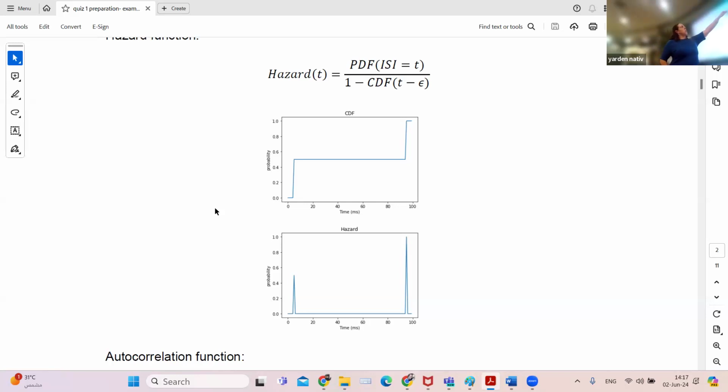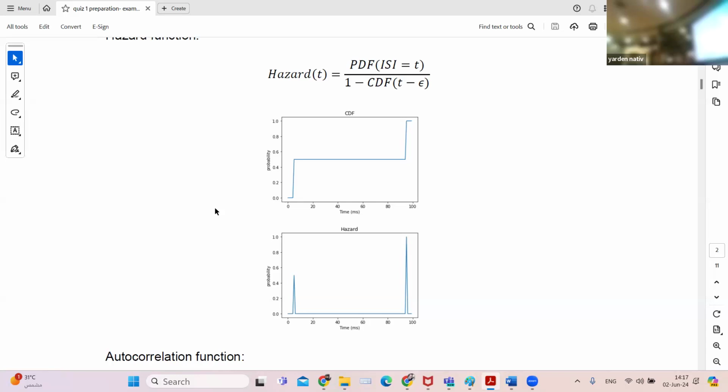Or non. So please note that in the CDF, we put the value prior to the current time. Okay, so we won't have this infinity. So for example, here, let's write the PDF. So the PDF is half for 5 and half for 95.